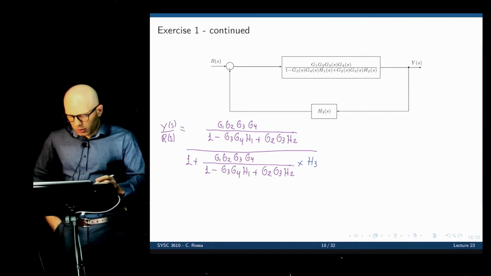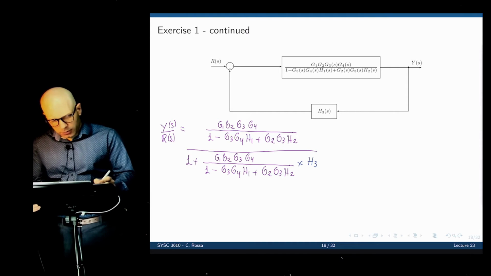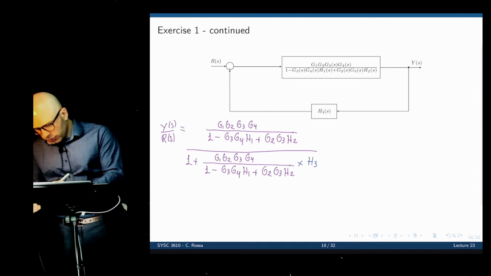We can find now a common denominator for this. I'm just going to do the second part here.